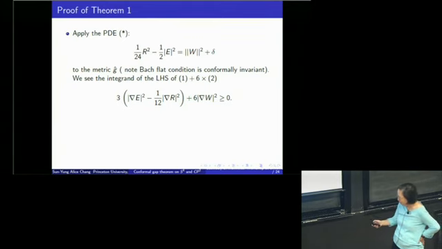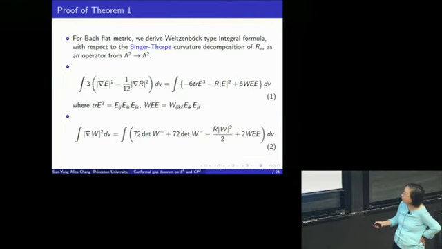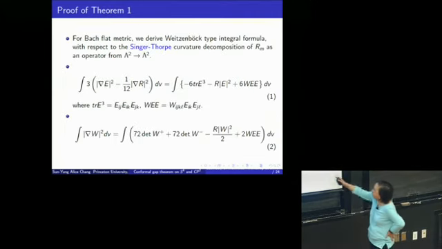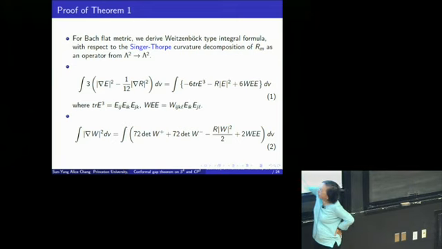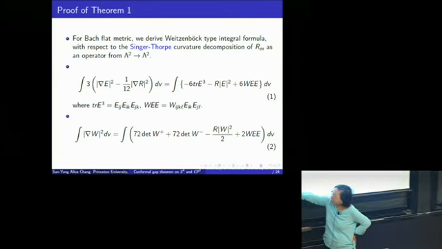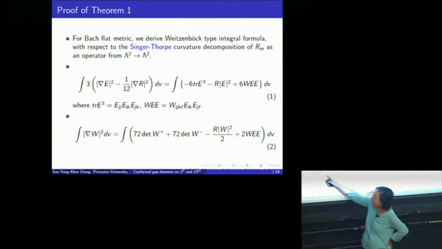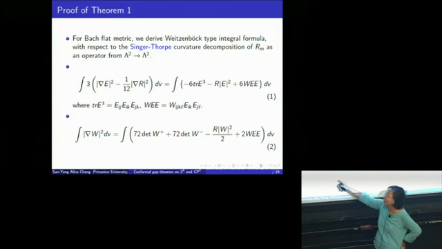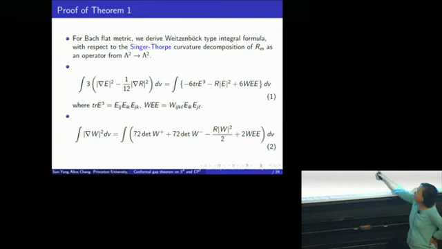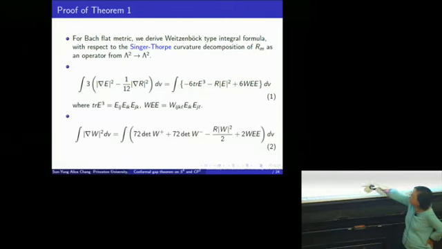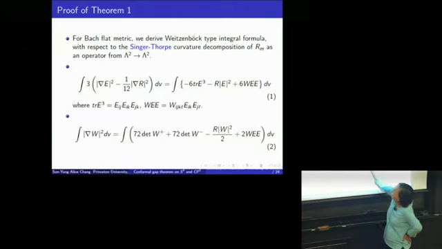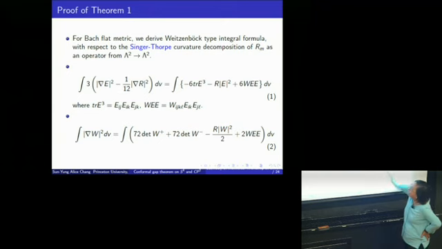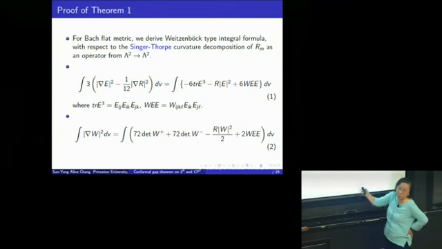And that positive means the left-hand side of 1 plus 6 times the left-hand side of 2 is positive. So the right-hand side of these two added up should be positive too, because they are the same.